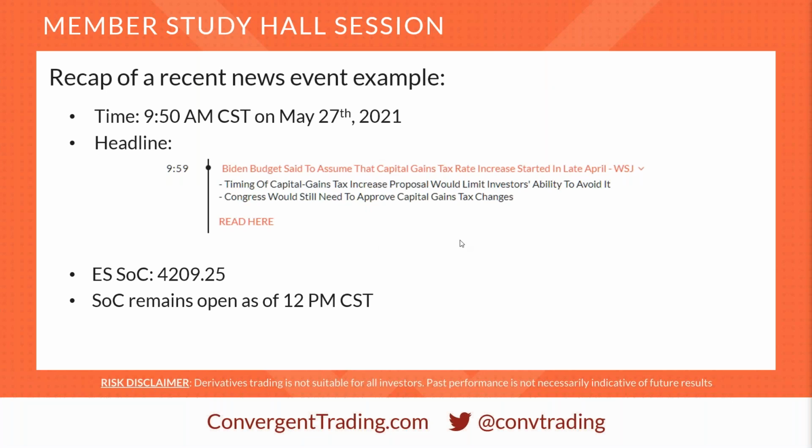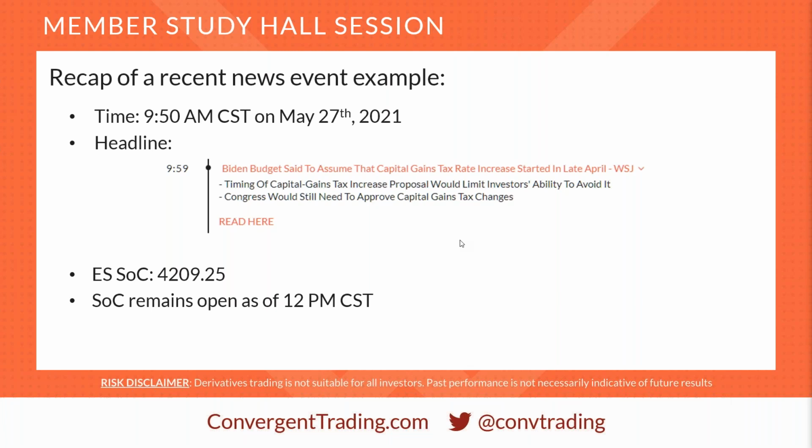So this happened today at 9:50. Across the news feed came this audible headline, which I don't know why it took forever to get printed, but the event itself occurred at about 9:50 in a few seconds.